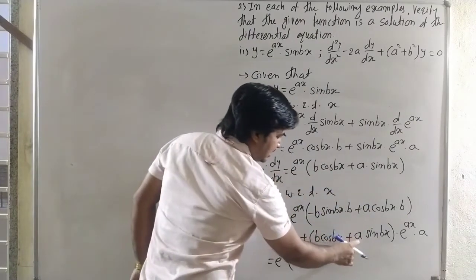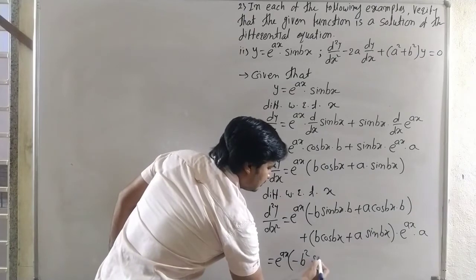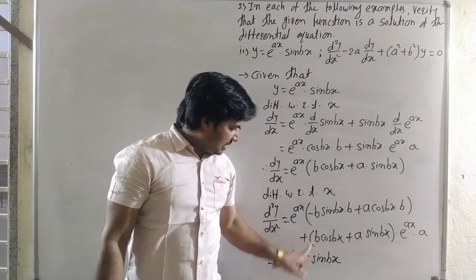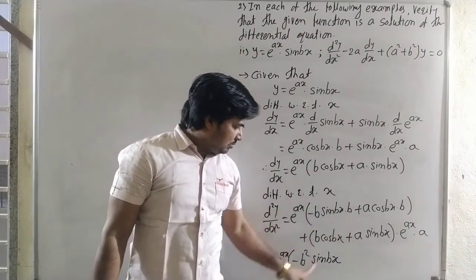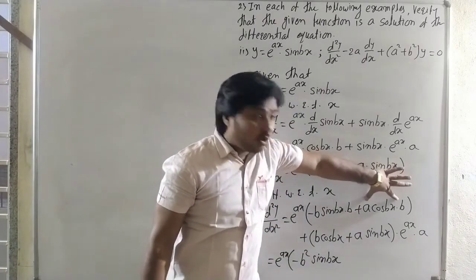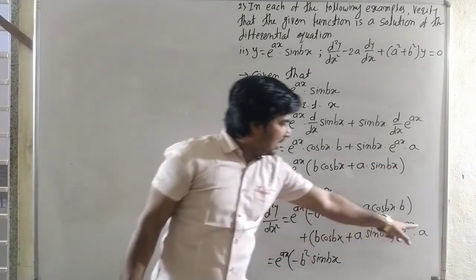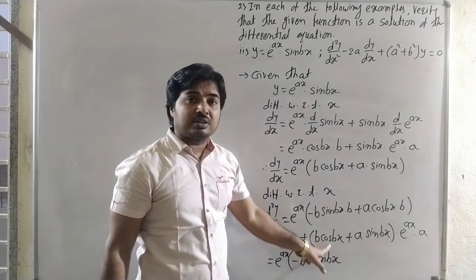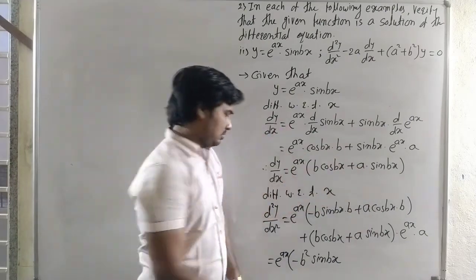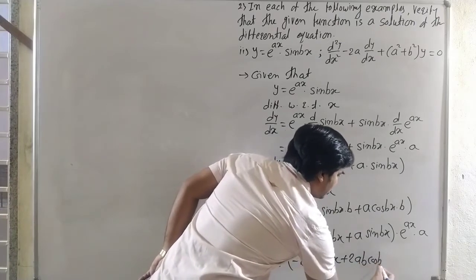And it is a square, minus b square sin bx. See carefully this: for the sine term, minus b square sin bx, and a square sin bx as it is. Now for the cosine term, here ab cos bx, and there ab cos bx, that means 2ab cos bx.